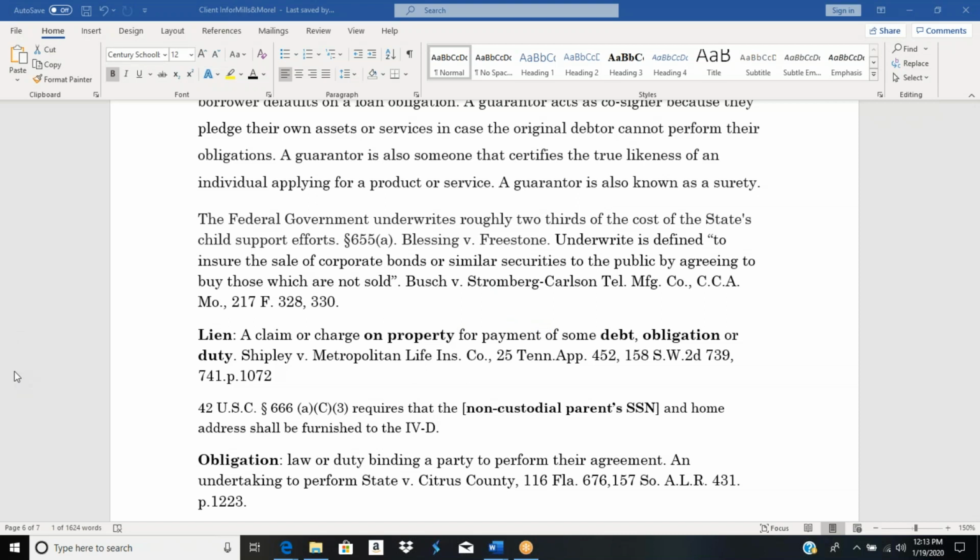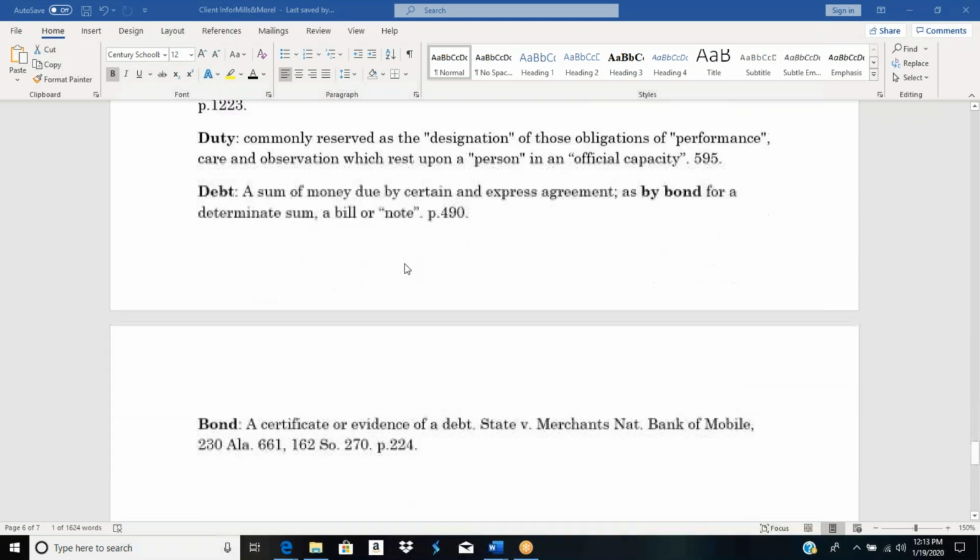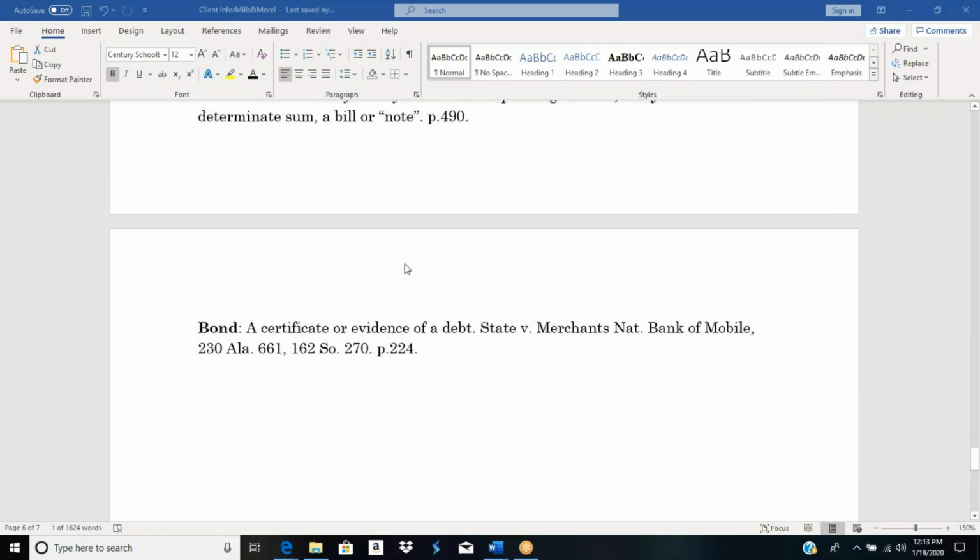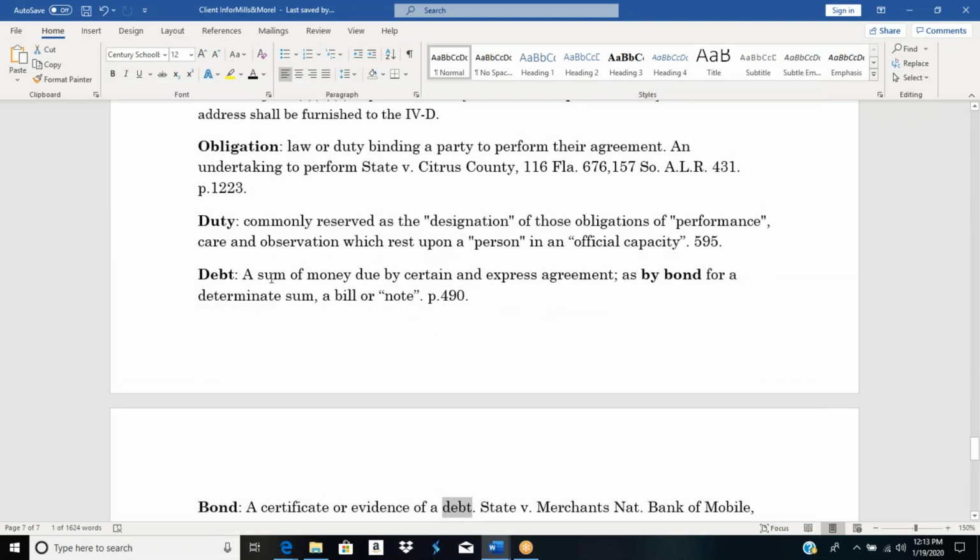Not yours. Like I told you, a property owner can't require the renter to pay his property taxes. And that's exactly what they've done to you here. They floated bonds. A bond, a certificate or evidence of a debt. Where did that debt come from? What is debt? A sum of money due by certain express agreement.